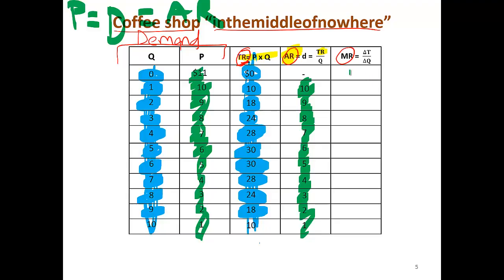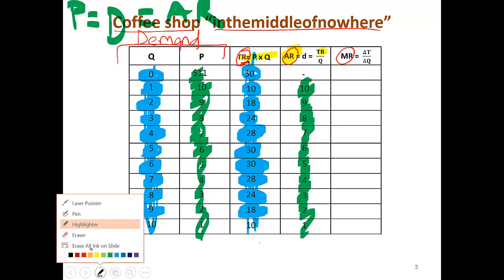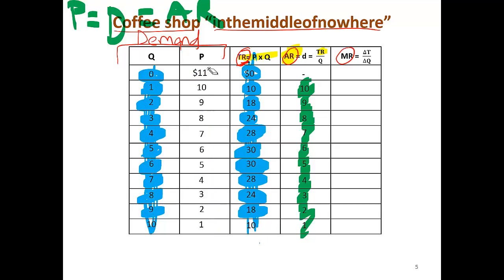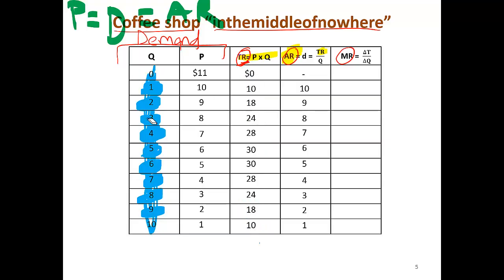Okay, how about marginal revenue? Is it going to be equal to marginal revenue as well? Well, to find out, we need to calculate the marginal revenue. Remember the definition of marginal revenue: change in total revenue when you change quantity.